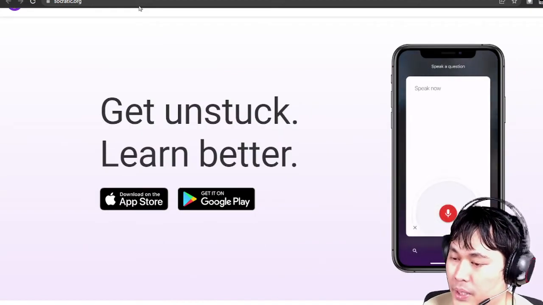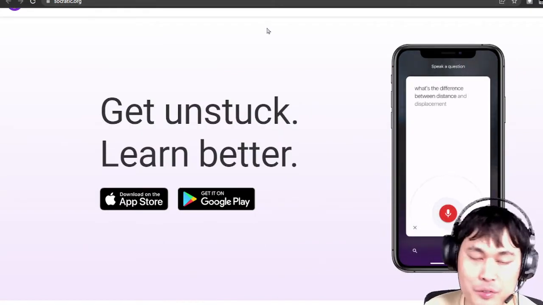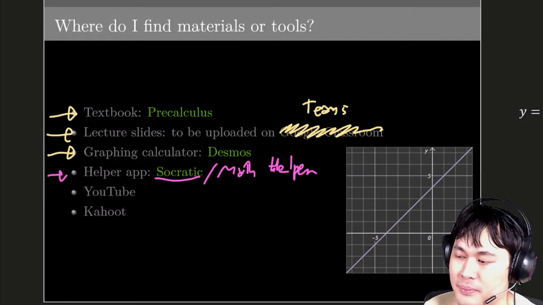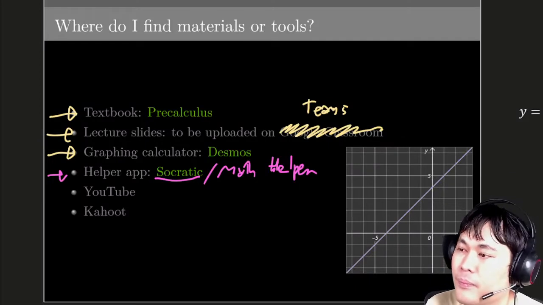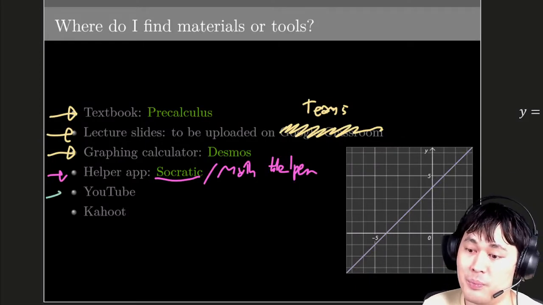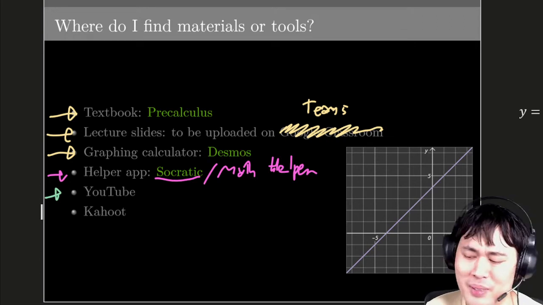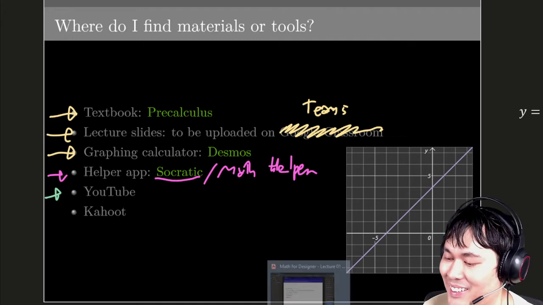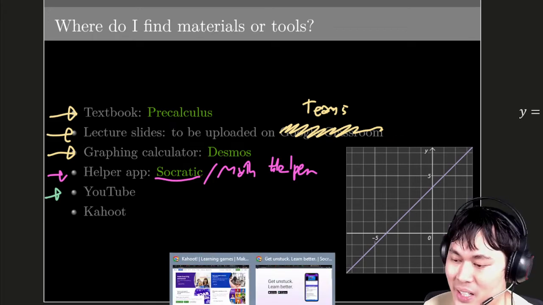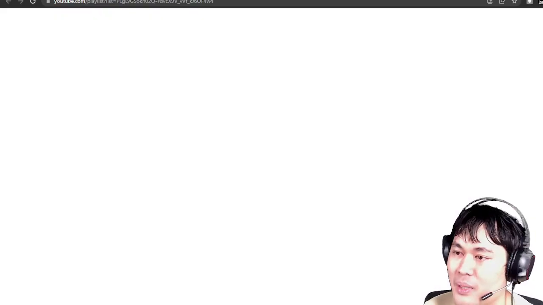So that's one app, but of course you can use your favorite app to solve them. Next you have a YouTube channel. I'm not sure you can call me a YouTuber, but let's see what my channel has. So that's my channel.